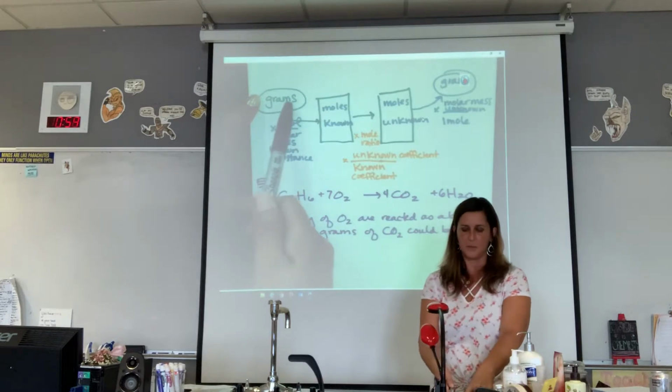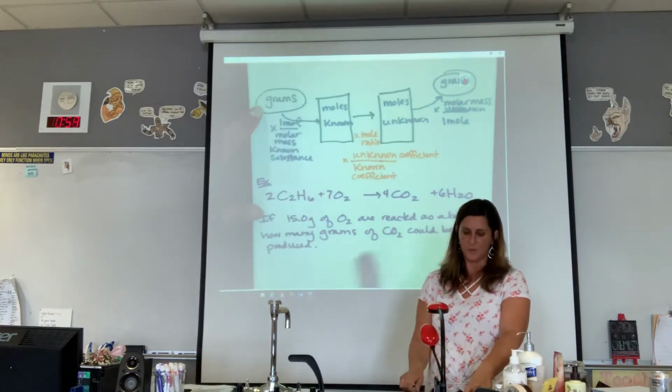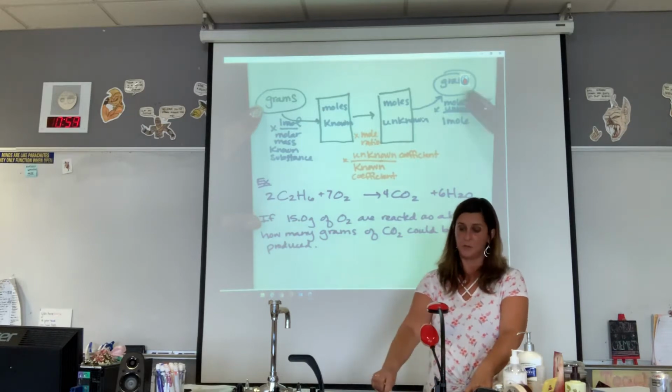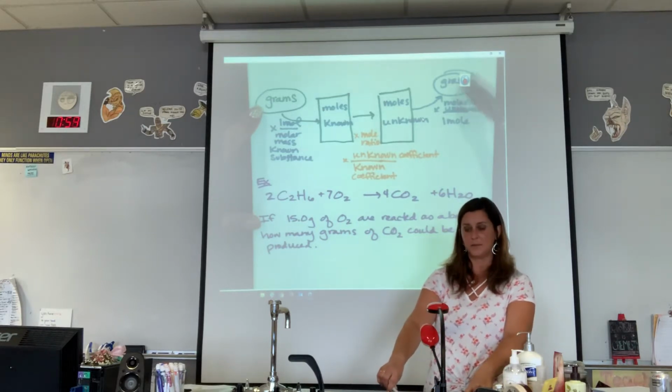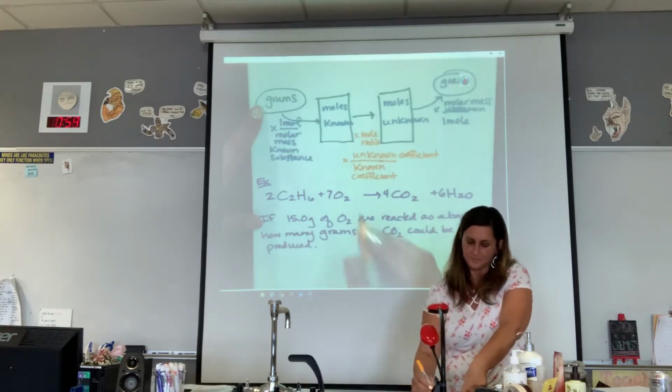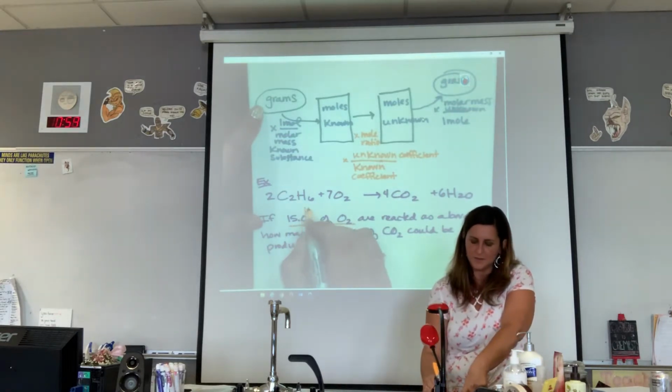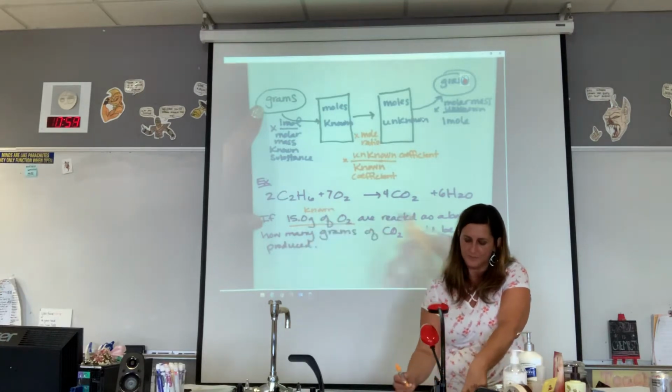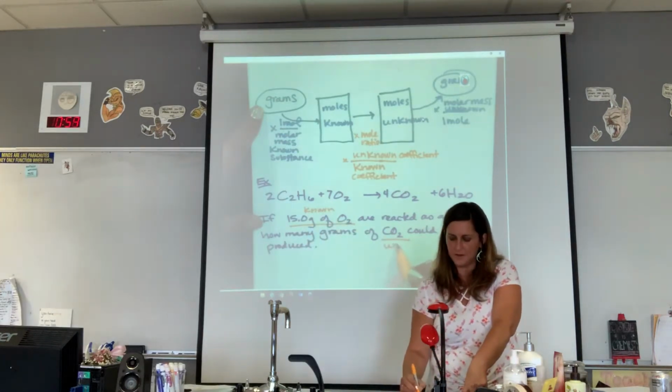We are asked to answer in grams of CO2, so we need to get over here to grams of CO2. Our oxygen is our known substance, and the CO2 is our unknown.